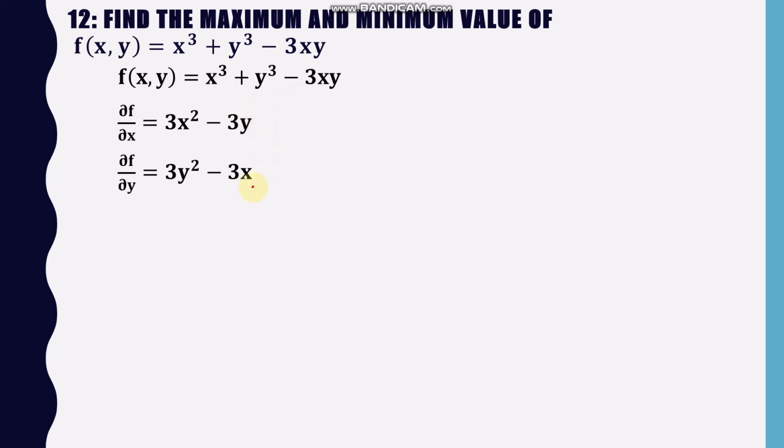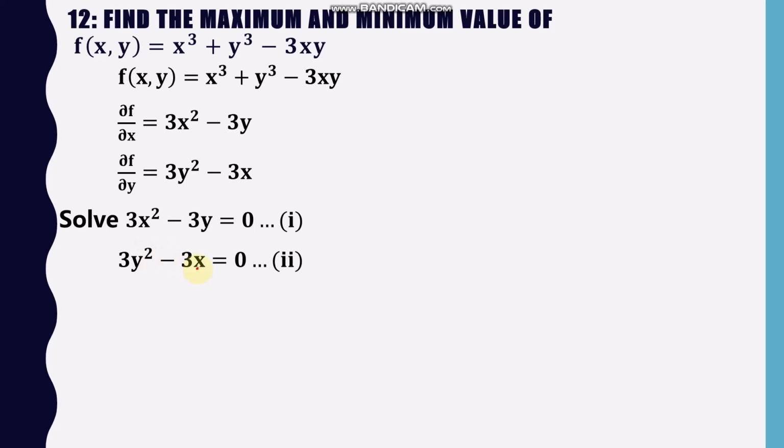Now we'll put them equal to 0 and solve for x and y. We'll find the values of x and y from these equations. So solve 3x square minus 3y equal to 0 and 3y square minus 3x equal to 0. From the first equation we get x square equal to y.